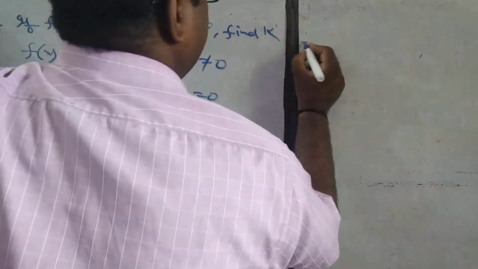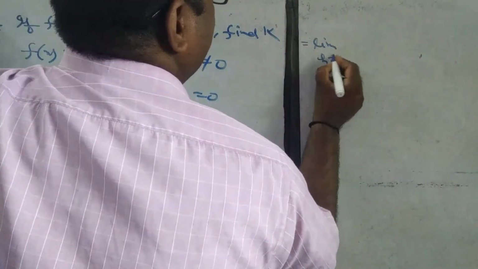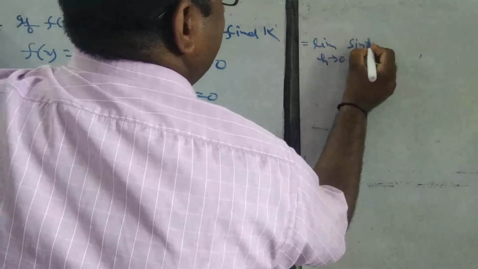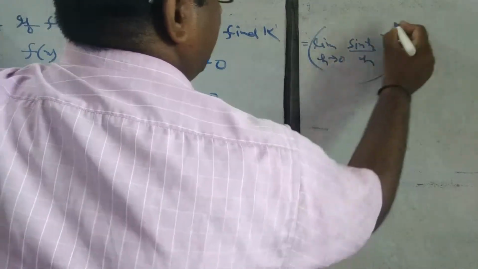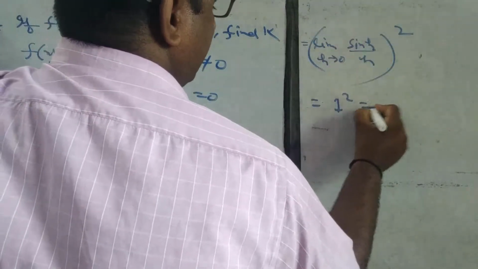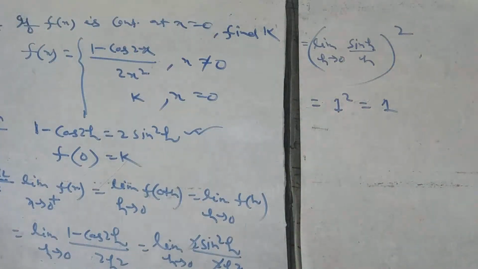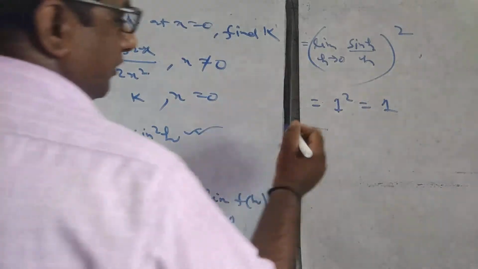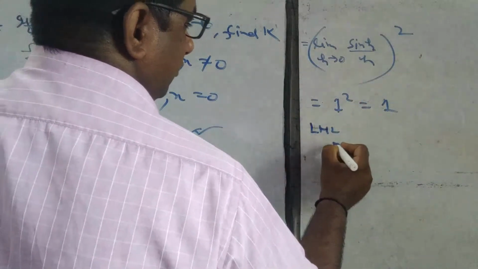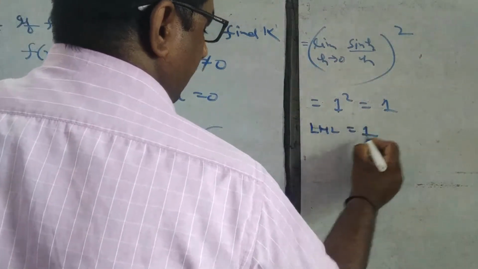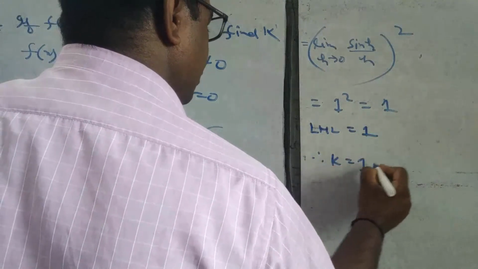So this can be written as limit h tends to 0 of (sine h by h) whole square, or this is 1 square, which is equal to 1. Likewise, you can calculate the value of LHL also, which is equal to 1. Therefore, k is equal to 1.